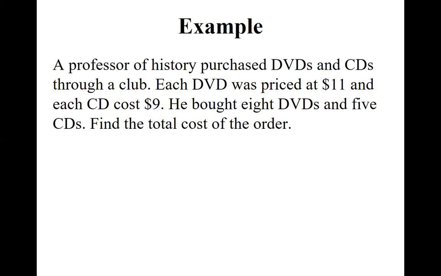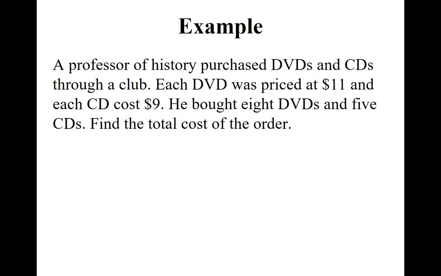Each DVD was priced at $11 and each CD cost $9. He bought 8 DVDs and 5 CDs. Find the total cost of the order. So if he bought 8 DVDs, that means he spent $11 8 times.